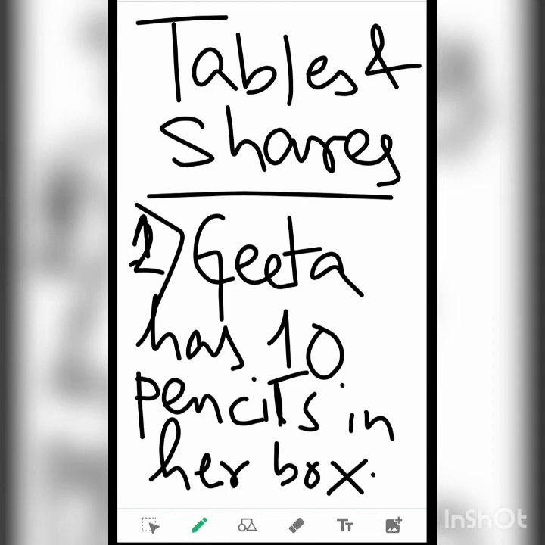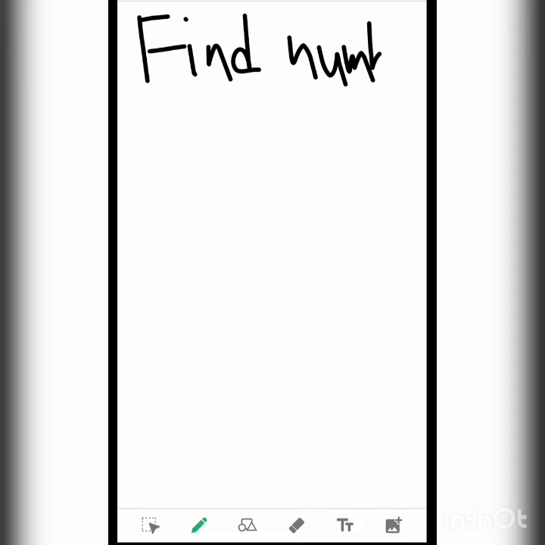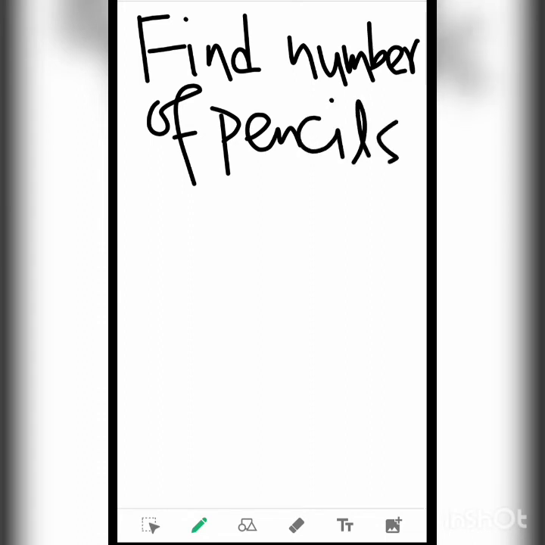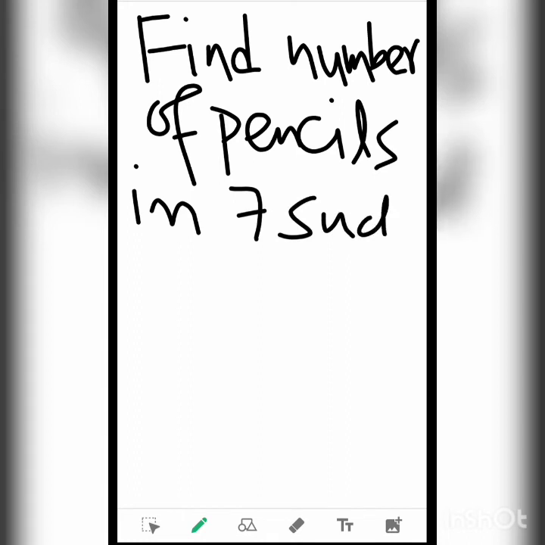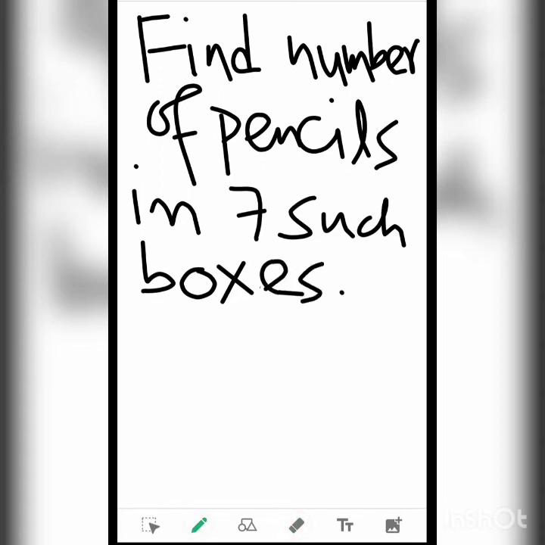Then next, coming to the next board, they have asked: find number of pencils in 7 such boxes. Suppose Geeta has 10 pencils in her box. You have to find the number of pencils in 7 such boxes. If there were 7 such boxes, you have to find total number of pencils in there.